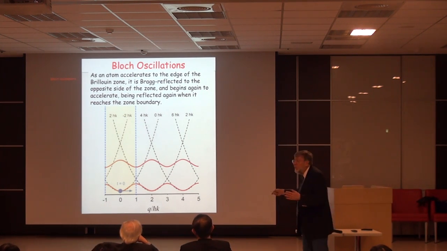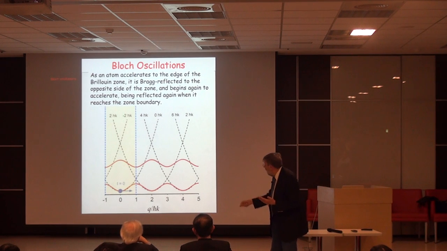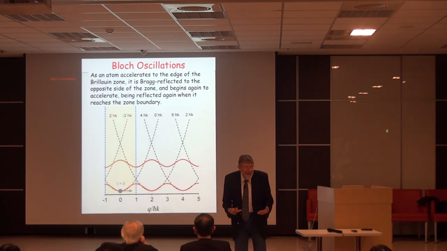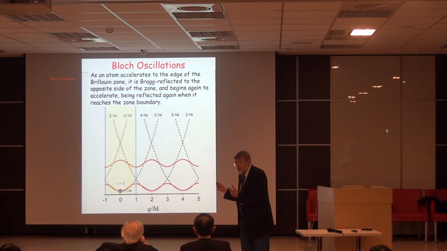Okay, so that process that I've just described, where the electron is accelerated to the edge of the Brillouin zone and then Bragg scatters, is the process known as Bloch oscillations. If this were to happen, it would mean that the electrons would go nowhere, and conductors would not conduct electricity.